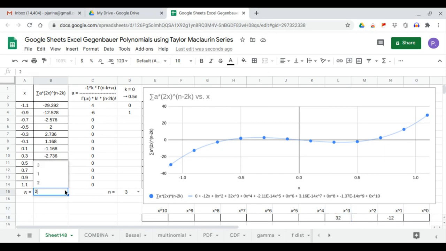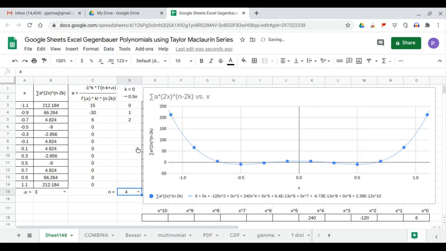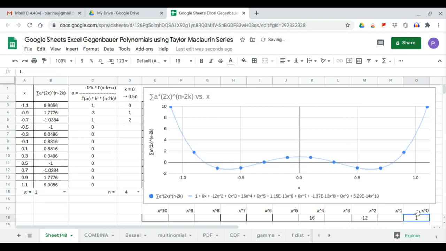And alpha equals 3, it will be minus 24 plus 80x cubed. At n equals 4, and our alpha is 1, it will be 1 minus 12x squared plus 16x to the fourth.